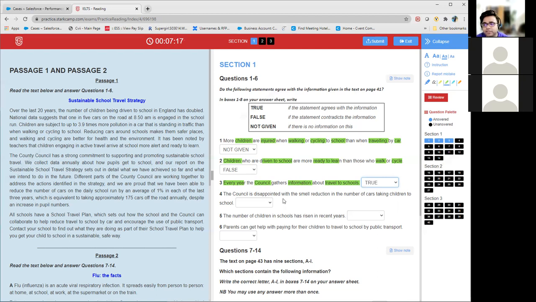The council is disappointed with the swell reduction in the number of cars taking children to school. So council disappointed. I think swell reduction would be another point to talk about. Cars taking children to school. Can you guys quickly see what we can find over here?